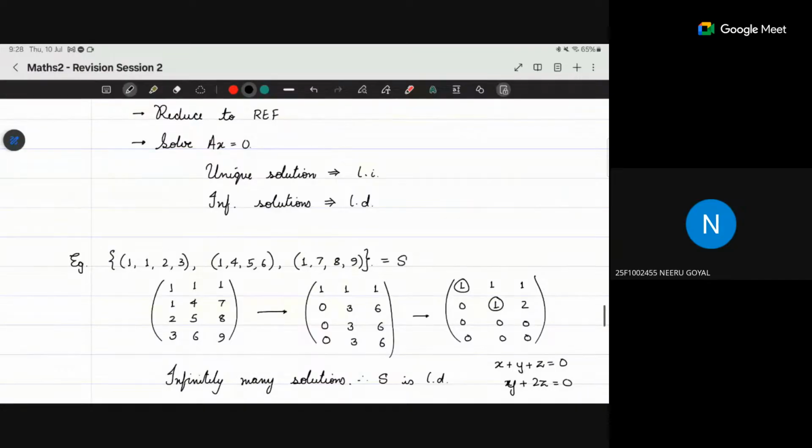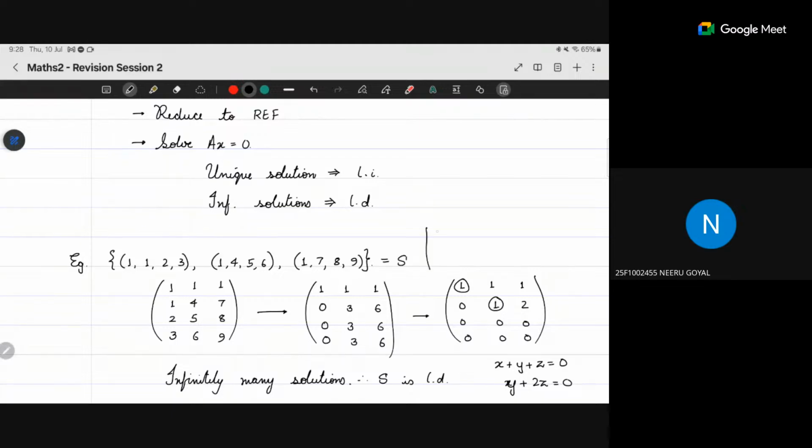Sir, in this example, we have two pivots, right? We said vector 1 and vector 2 will form a basis. But now we are talking about a basis being a linearly independent spanning set. So this is something that will come later.